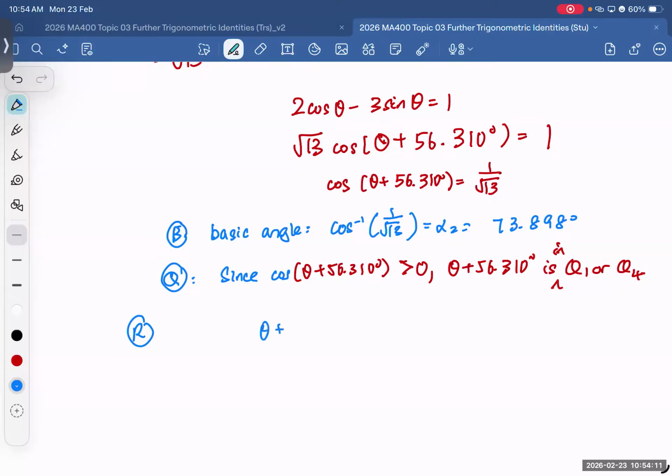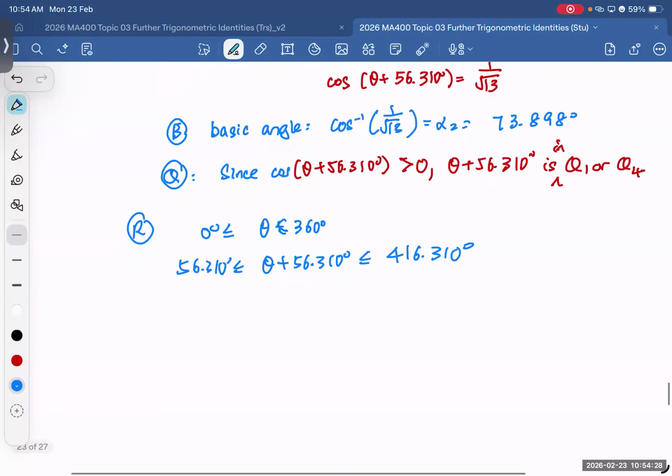Theta is between 0 and 360, which means theta plus 56.31 will have to be between 56.31 and 416.31, just by adding 56.31 on both sides. Then I get the answer out.